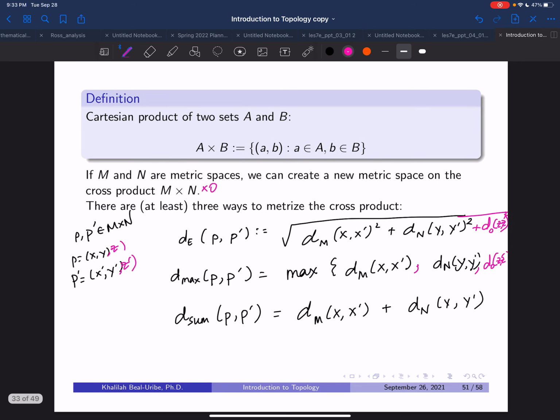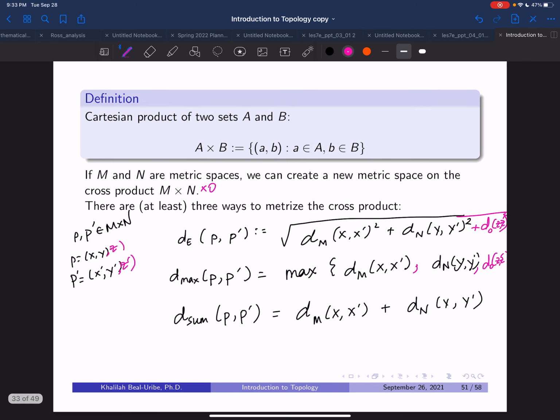So you can do this as much as you need to, for finitely many metric spaces. I will tell you this, it is possible to have a metric space that is the cross product of infinitely many metric spaces, but that gets to be a little more complicated, okay? So for now, for this course, we're just focusing on finite cross products.